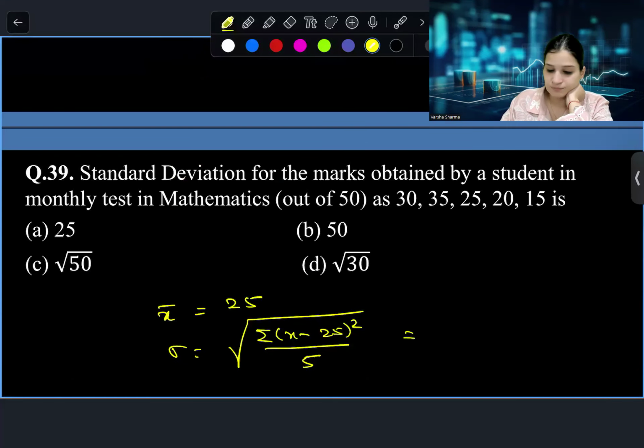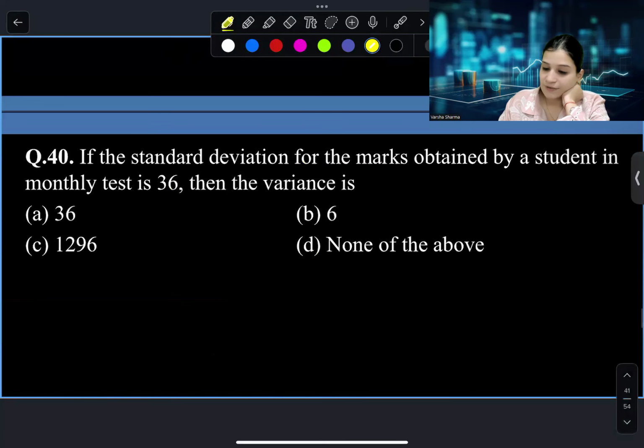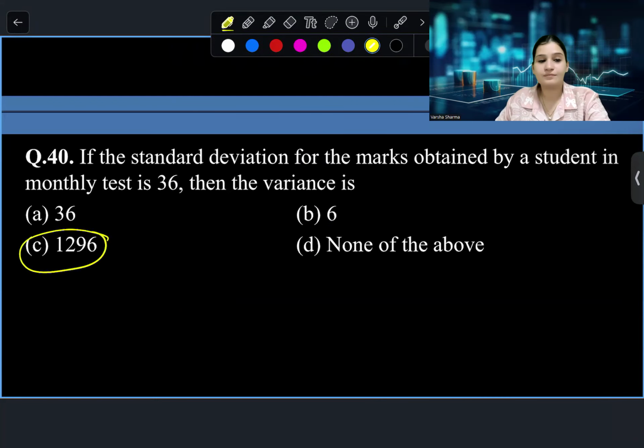Answer? Root 50. All clear? The standard deviation for the marks obtained by a student in monthly test is 36. Variance will be 36 square, so 1296.